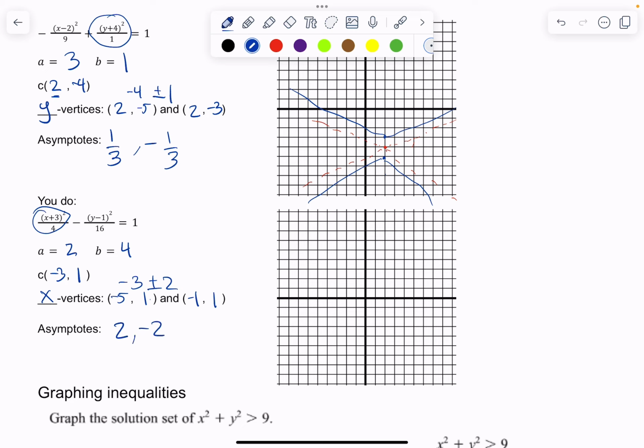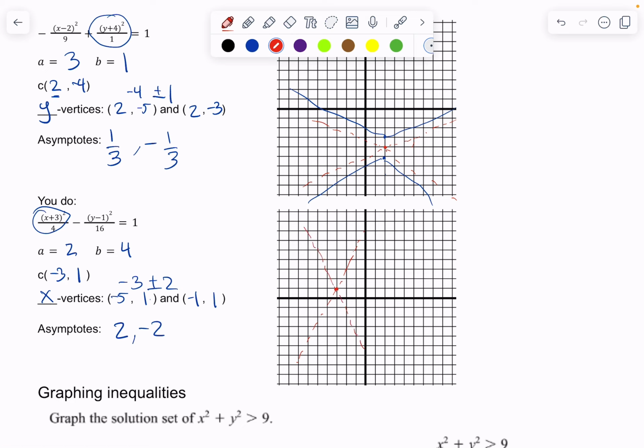That's my slope. So let's figure out where my asymptotes are going to go. Find my center, which is -3 plus 1. This is where the center is, and it has a slope of 2. So something like that.